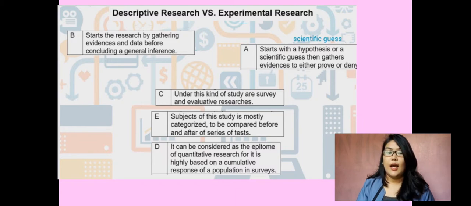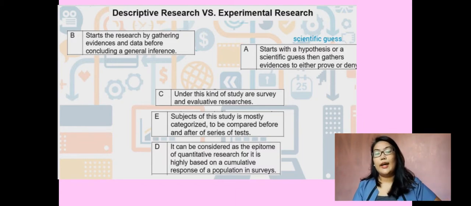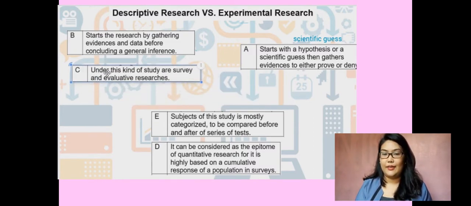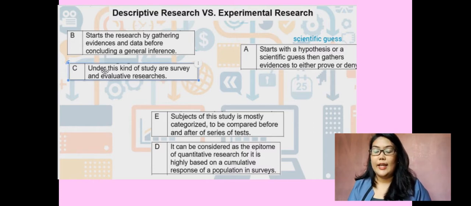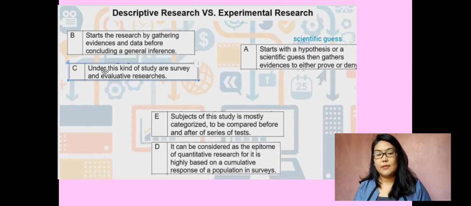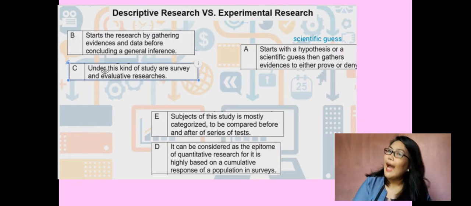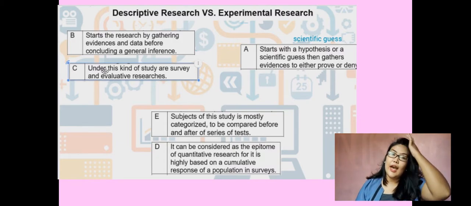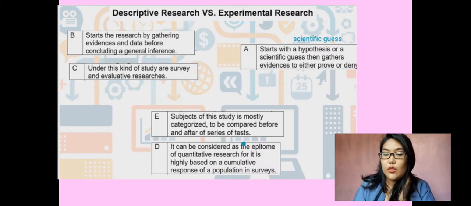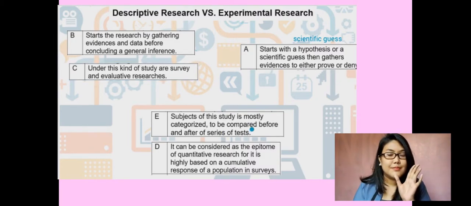Now next. Under this kind of study are survey and evaluative research. Alright, if you are listening a while ago, you already know the answer for this. And that is, okay, descriptive, of course. Next, subjects of this category. Subjects of this study is mostly categorized to be compared before and after a series of tests. Alright, you have the clue word here. What could be your clue word? Okay?